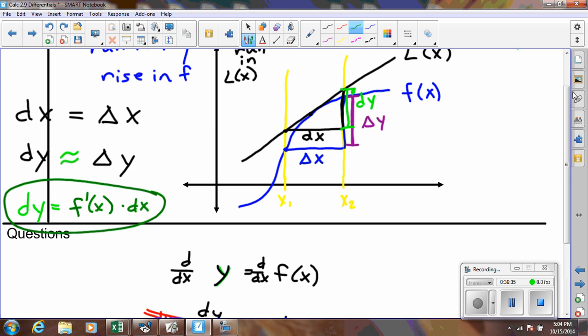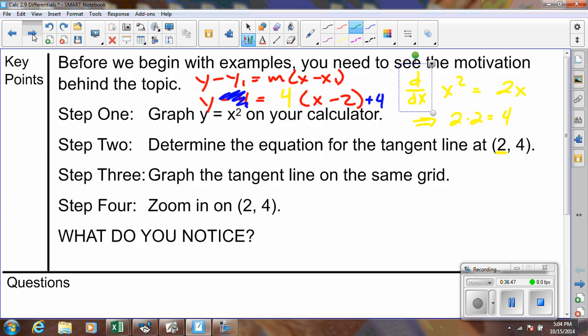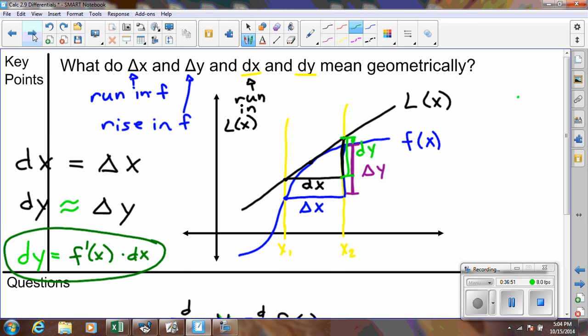Again, in terms of our learning objectives, we want to understand differentials dx and dy geometrically. That learning objective applies to this piece right here. dx is the run in our linearization, dy is the rise in the linearization.